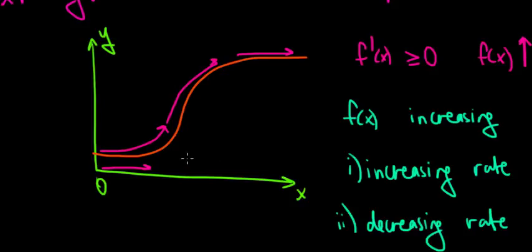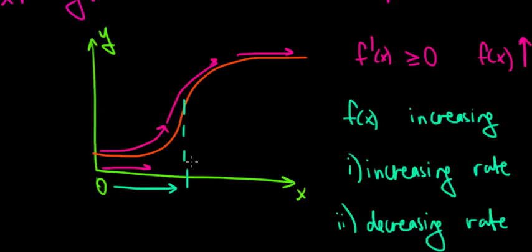Increasing at an increasing rate means that y increases more and more as x goes to the right, as x goes up. And we can see this, for instance, on this range over here. As x increases, y increases more and more. The arrow goes straight up, so it kind of accelerates upwards.